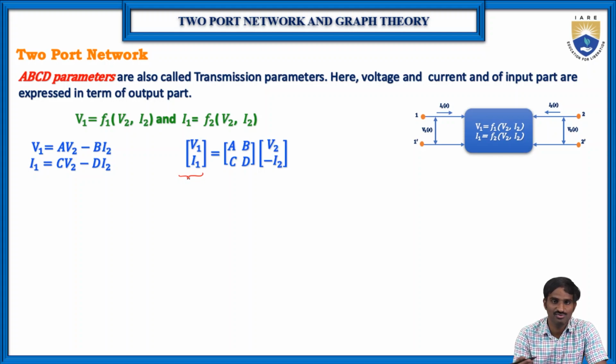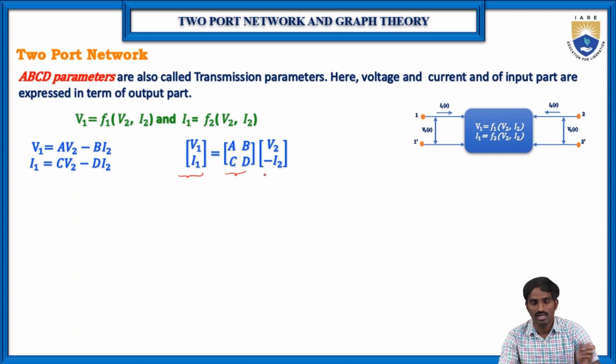Of course we cannot call this a voltage matrix or a current matrix, because as you can see, it has both voltage and current. So we can call it the input matrix, and this is the ABCD parameter matrix, which means the transmission parameter matrix, and this is [V2; -I2].